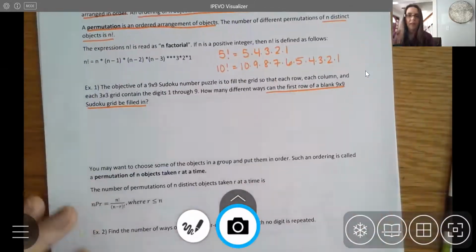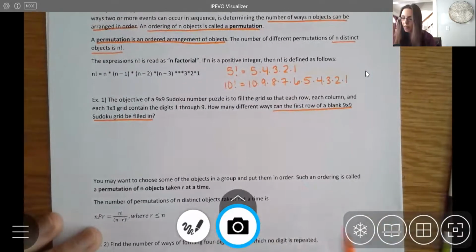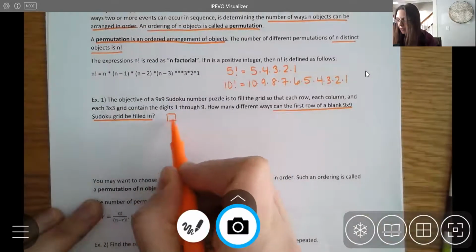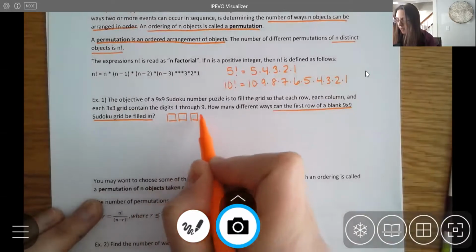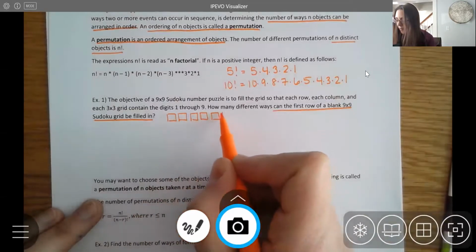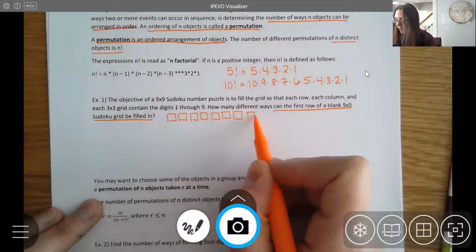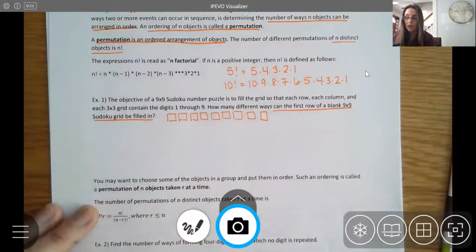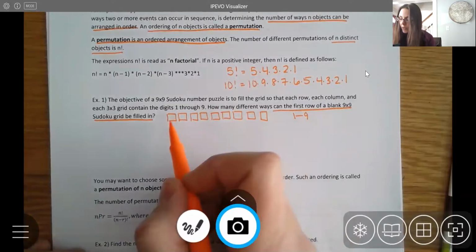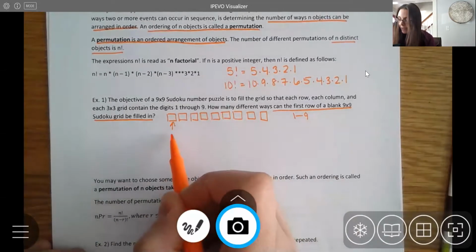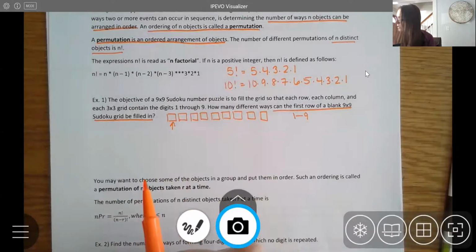Now, without even thinking about factorial for a second or the formula, if you have your digits, 1, 2, 3, 4, 5, 6, 7, 8, 9, and you're using the digits 1 through 9, well, each of those digits can only be used once. So in the first square, you have 9 choices here, right?